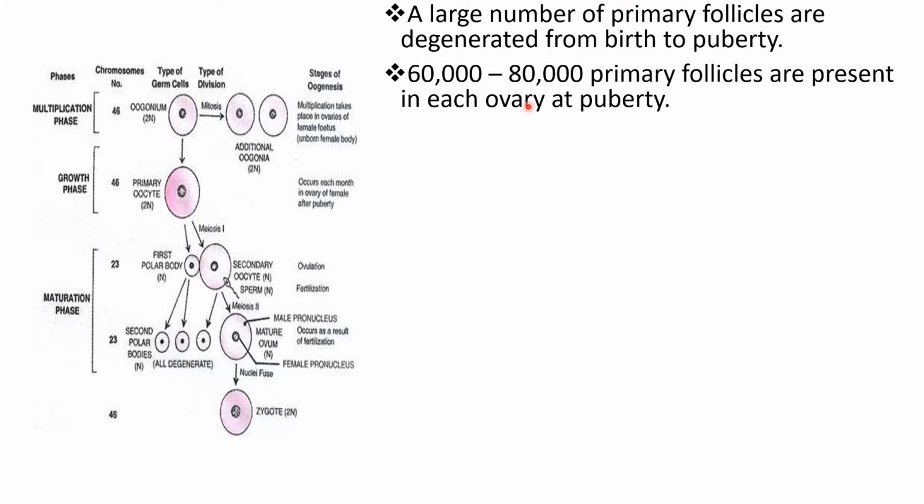So many primary follicles will degenerate or disappear. The number becomes this small: 60 to 80,000 primary follicles are present in each ovary at puberty. So that is about the multiplication phase.